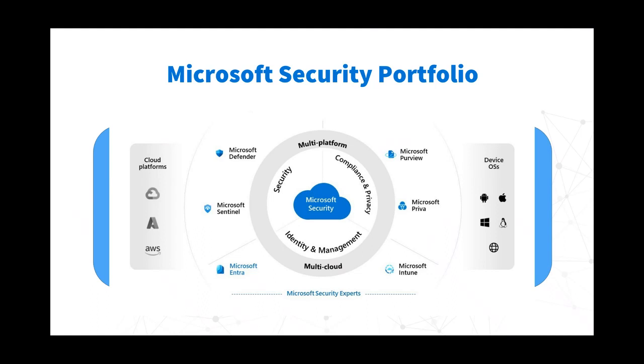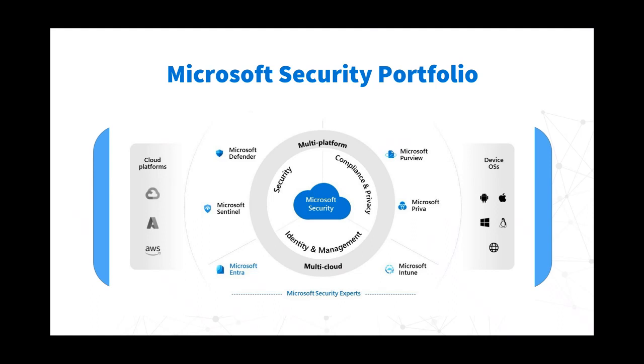Microsoft Entra is a new product family that encompasses all of Microsoft's identity and access capabilities. Microsoft Intune is a cloud-based service that focuses on mobile device management and mobile application management. Microsoft Priva is a privacy risk management tool that helps organizations automate privacy controls and strengthen their privacy programs.